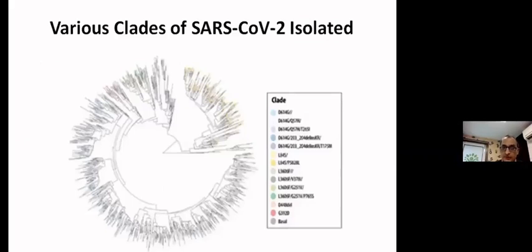Some of these mutations are pathogenic, some are not pathogenic. So if we see, there is this D614 mutation. The original Wuhan virus had more or less mutated to this clade, and this is the clade which is circulating in India and the rest of the world.